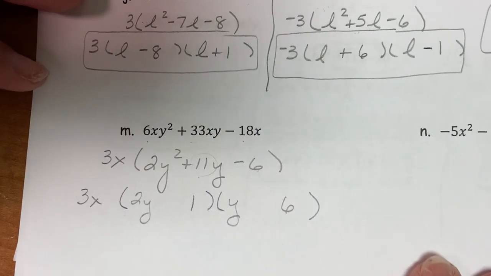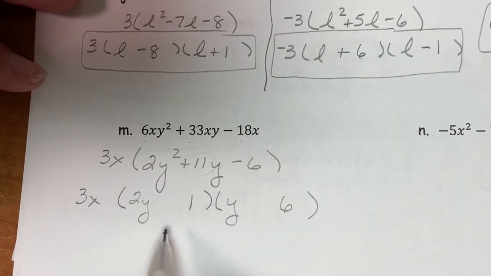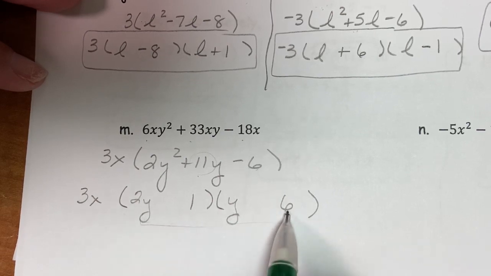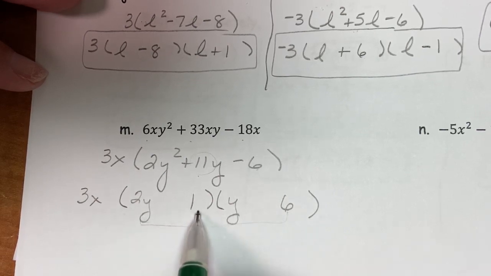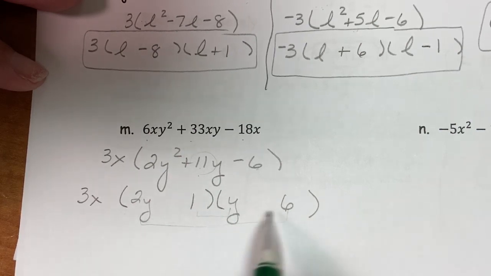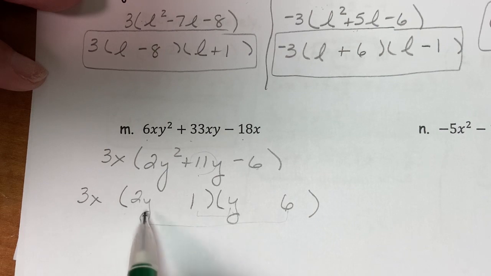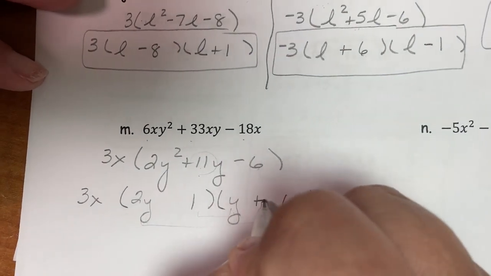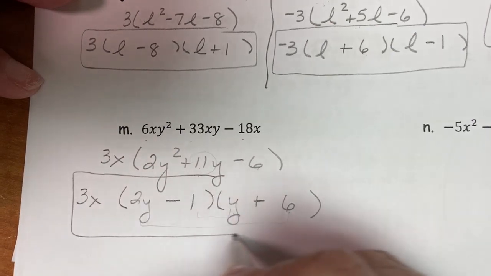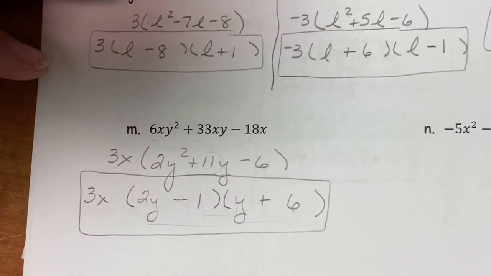Let's see what that's going to do for us. Well, if I FOIL it back out, I'm going to get 2y squared. Outside, I'm going to get 12y, and inside, I'm going to get 1y. Can I get an 11 out of a 12 and a 1? Absolutely. The outside 12 has to be positive, and the inside 1 has to be negative. And there you go.